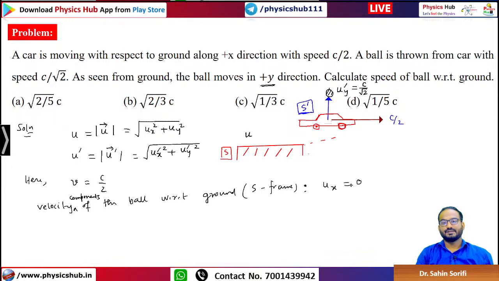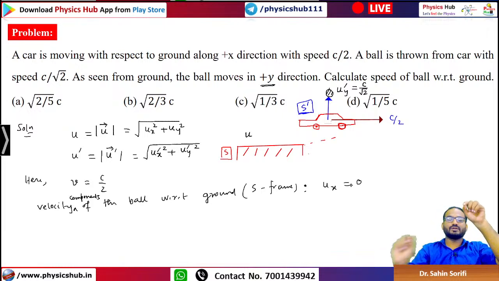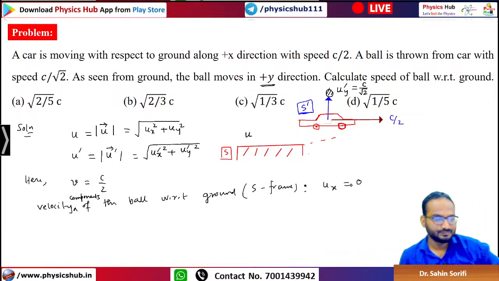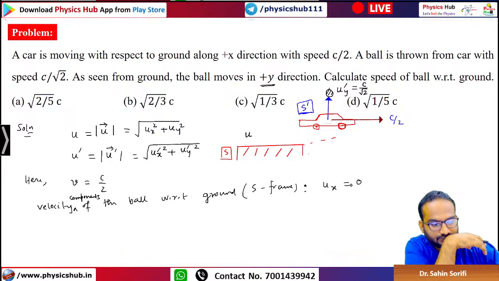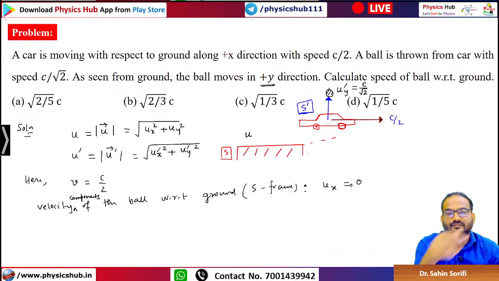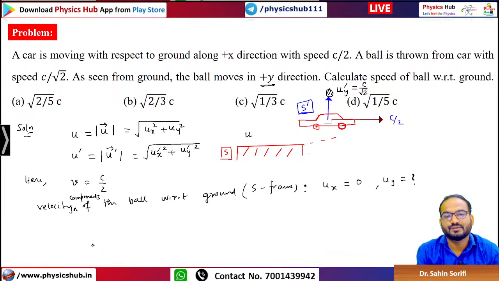Can you write it? If you are seeing that ball is moving along y direction, means what? You are seeing that there is no velocity component along x direction. Uy, you do not know. You have just seen the ball is moving along y direction, but you do not know the velocity.